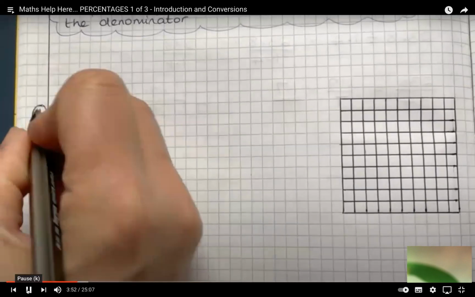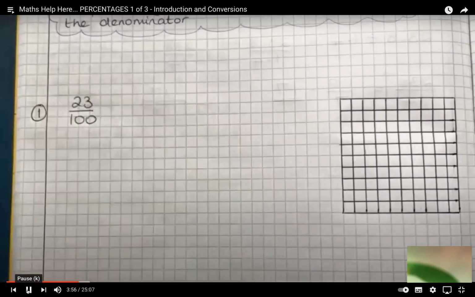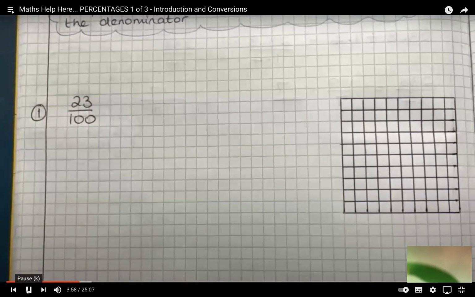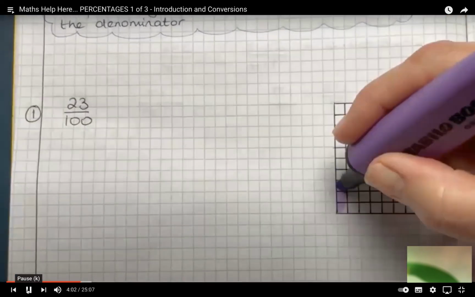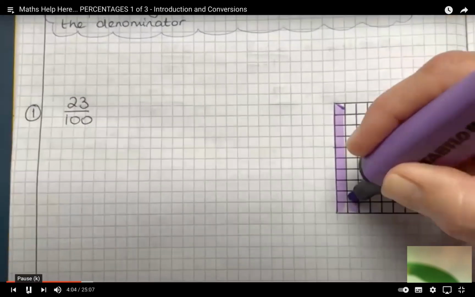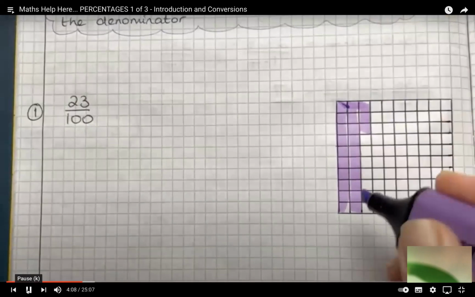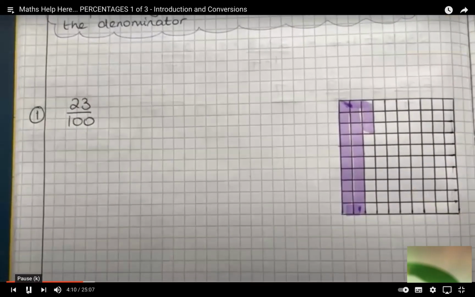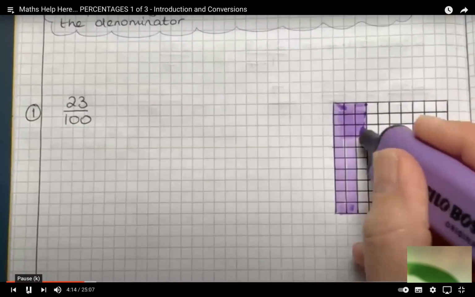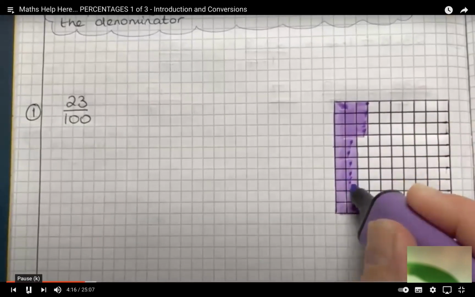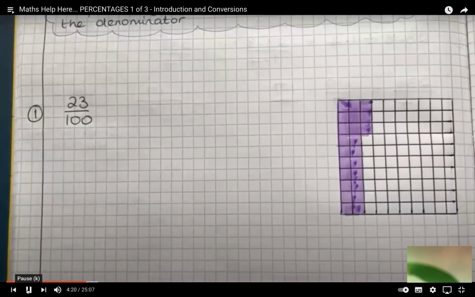So if I take an example of, say, 23 over 100, well, that would therefore mean I've got 23 of my squares shaded out of 100 in total, okay? So 23 out of 100, 23 of my squares shaded out of 100 in total.